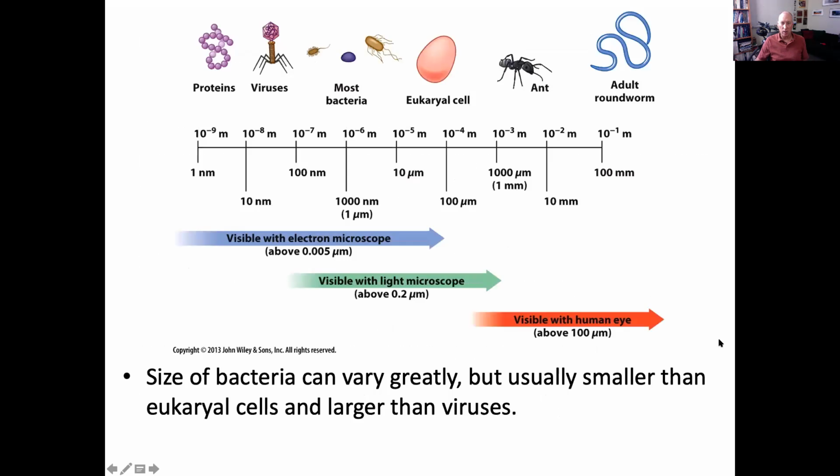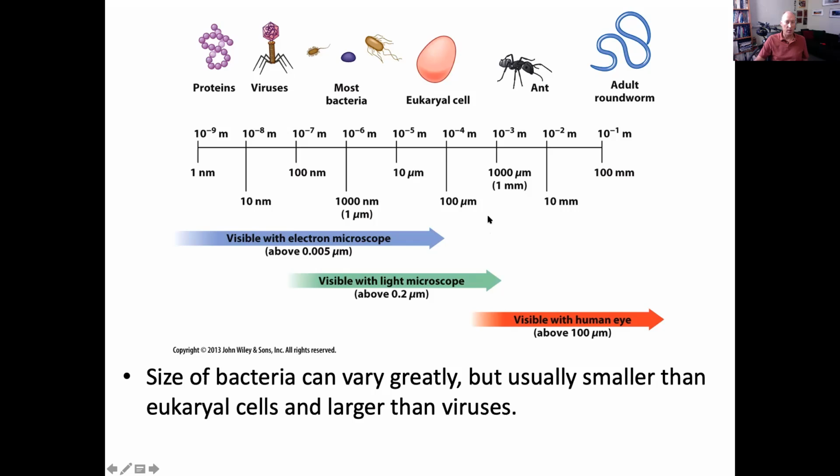All right, so here's a depiction of the microscopic world and the size ranges that we're talking about. And I do want you to have a feeling for this. The limit that the human eye can see is down to about 1/10 of a millimeter, right? 100 micrometers.